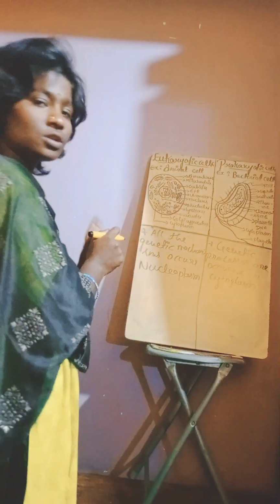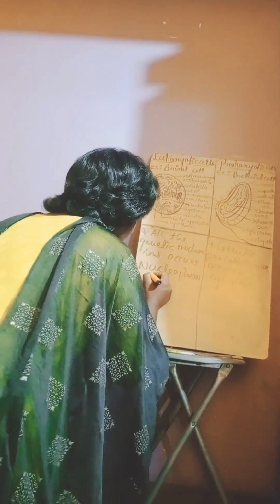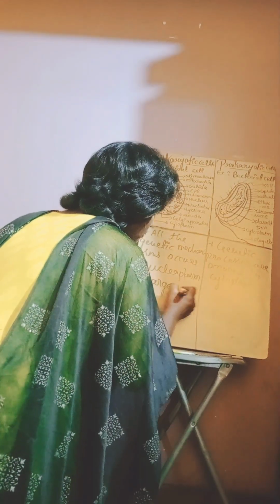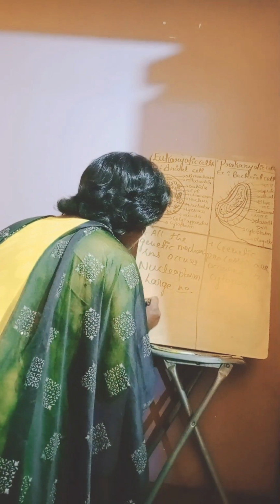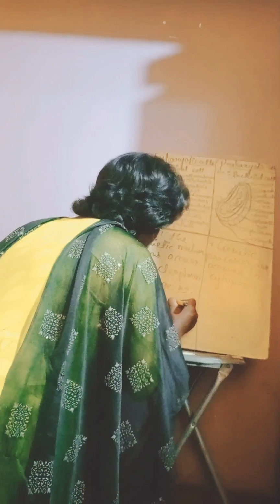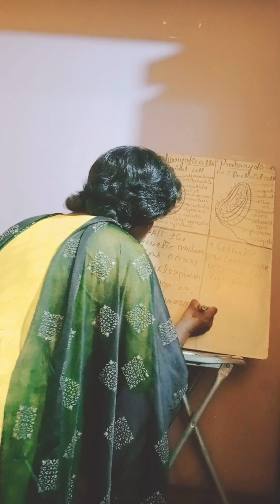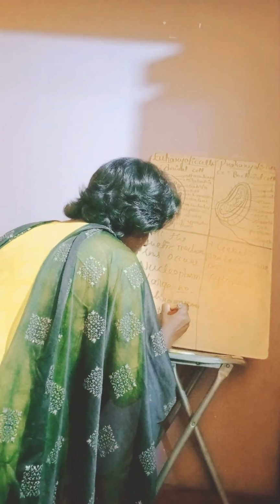Clear? So this is also a difference. And also we can observe the number of chromosomes. A large number of chromosomes are present in eukaryotes, whereas in case of prokaryotes, we can observe only a single chromosome.